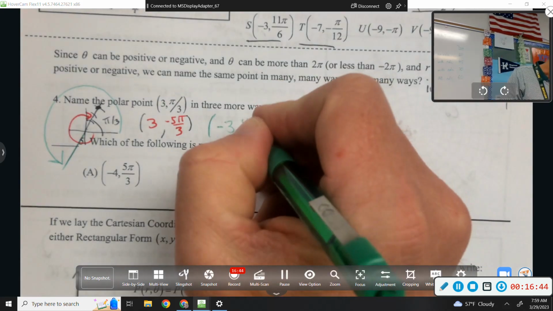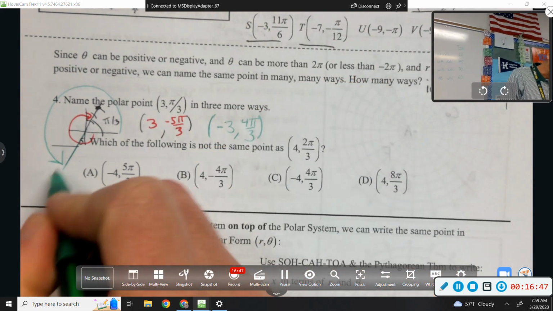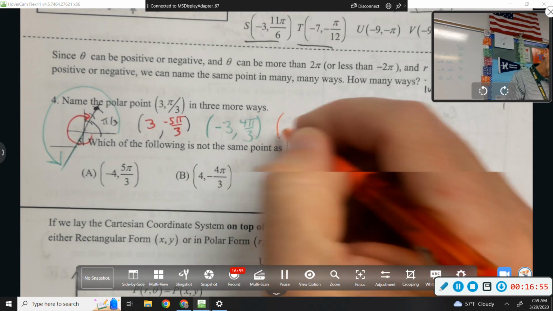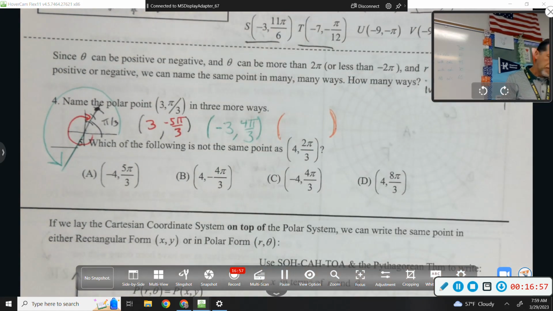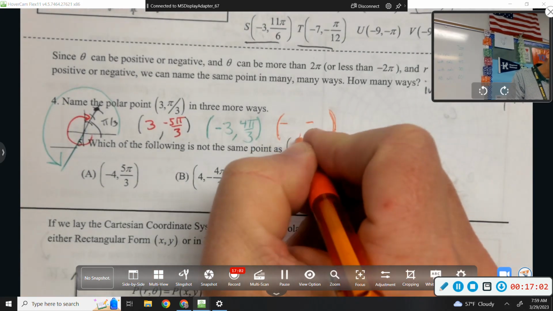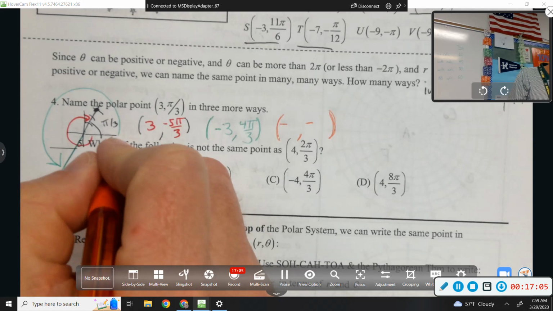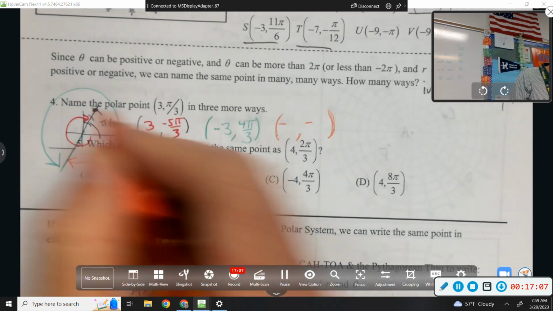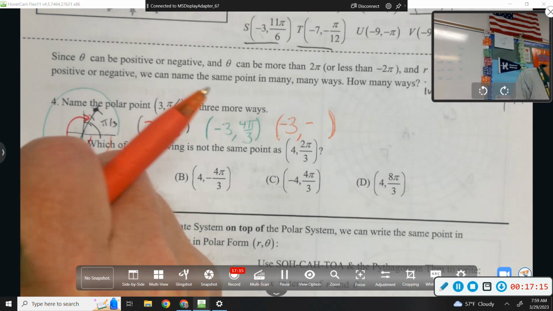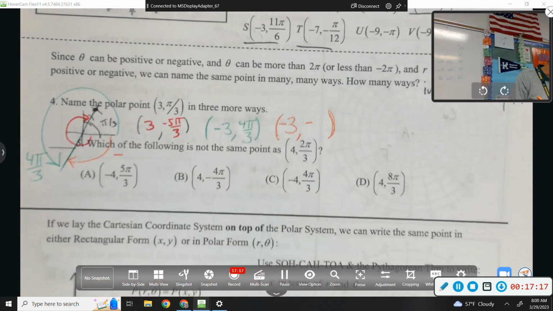So I could go to 4 pi over 3, but then go back 3. I could do negative, negative. So I would need to go backwards to this spot and then backwards 3. Backwards 3 is easy. But if this is 4 pi over 3, how far is the backwards angle? Negative 2 pi over 3.